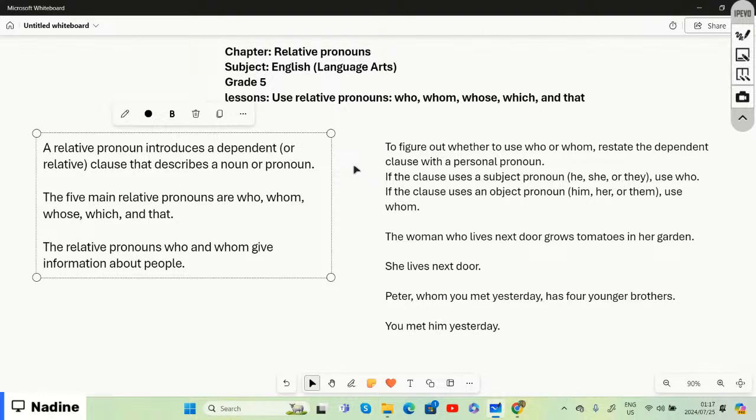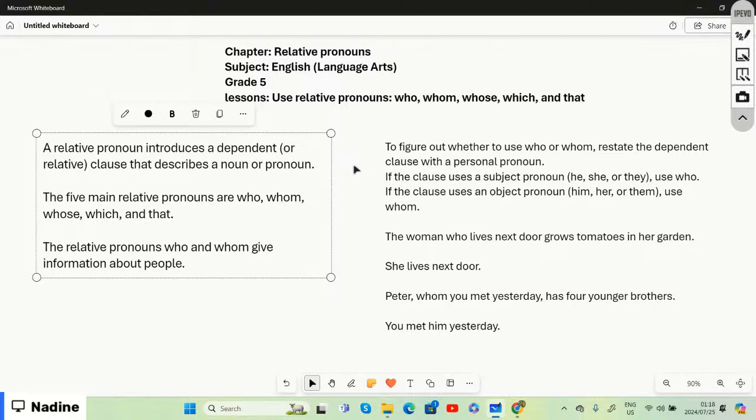Which means that if the clause uses a subject pronoun, let's say the subject of the sentence is a pronoun and it uses words like he, she, or they, then we use the relative pronoun who.